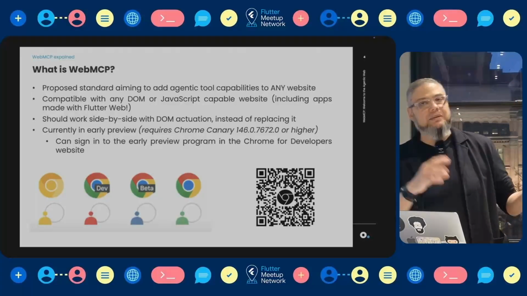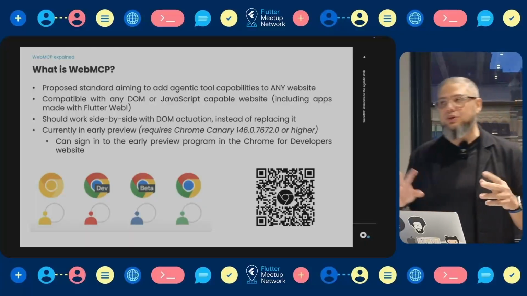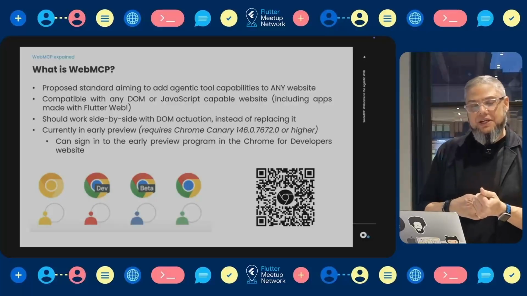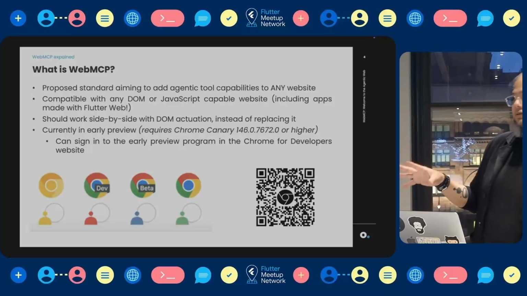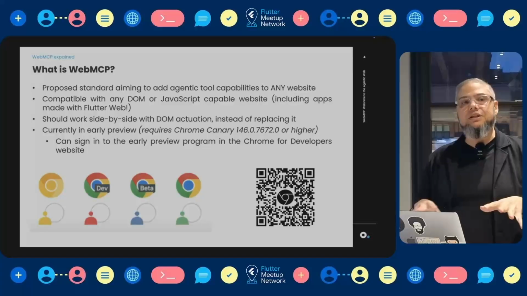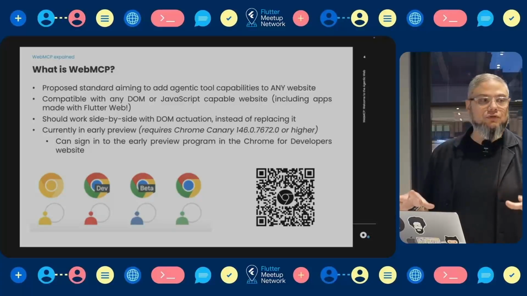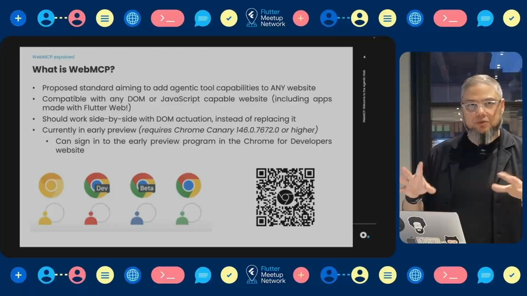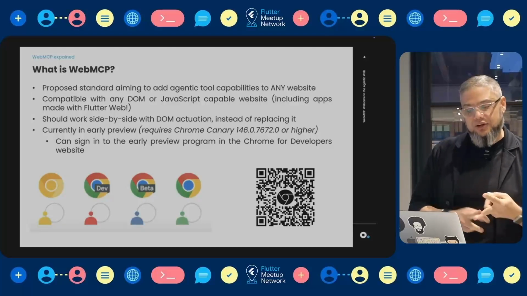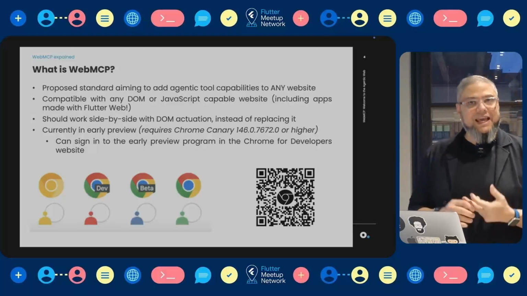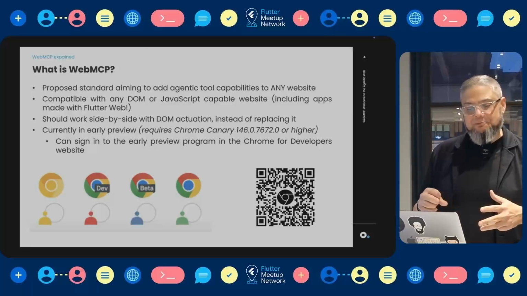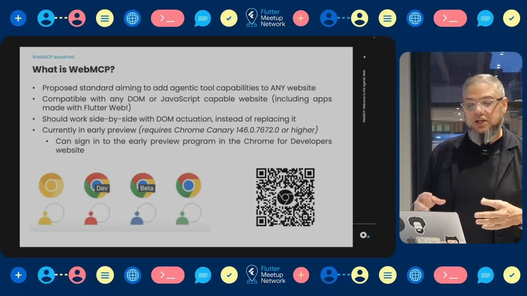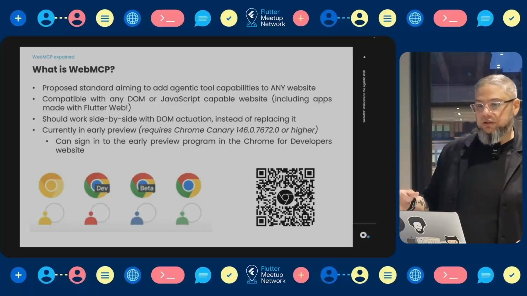Let's talk about WebMCP. Like I said at the beginning, it may or may not be what you guys are thinking it is, so I'm going to try to explain it as best as I can. WebMCP is not a thing, actually, right now. At the moment, it's just a proposal from some organizations, some of them big tech, among them Google and Microsoft, that aims primarily at allowing AI agents to leverage pre-declared tools in a web environment.